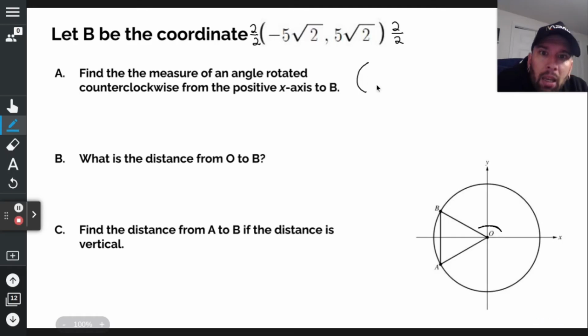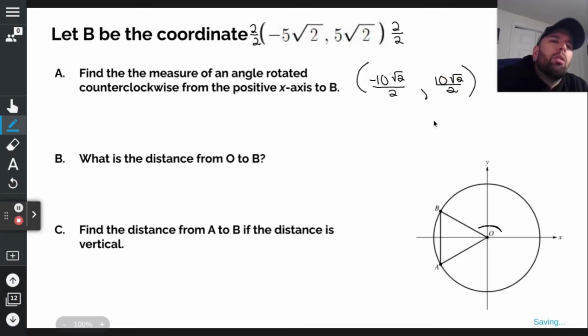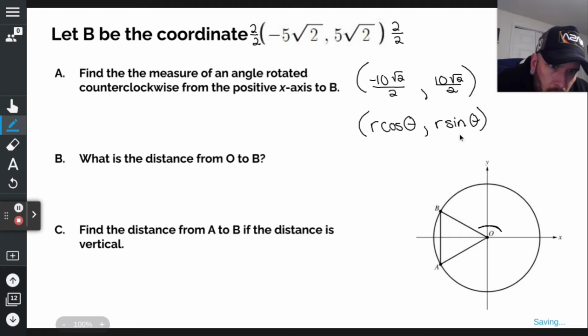So that would be negative 10 root 2 over 2, and y would be positive 10 root 2 over 2. Now, since this isn't the unit circle, I'm comparing this to r cos theta and r sine theta. Let's focus on the sign first, because the negative might be a bit confusing.